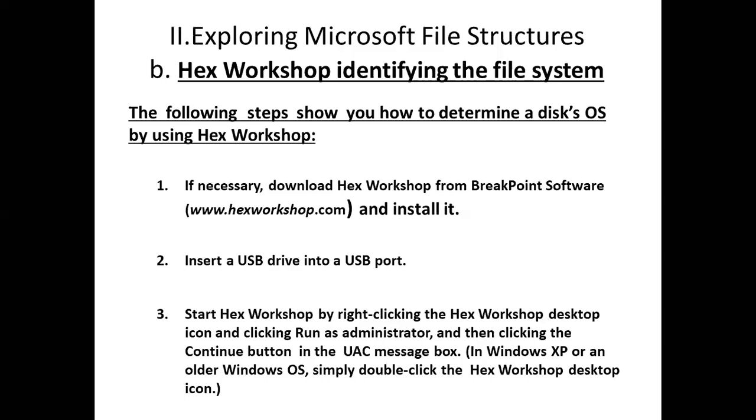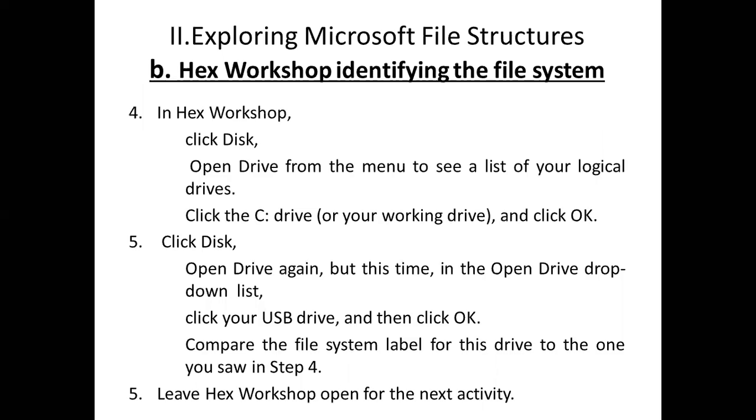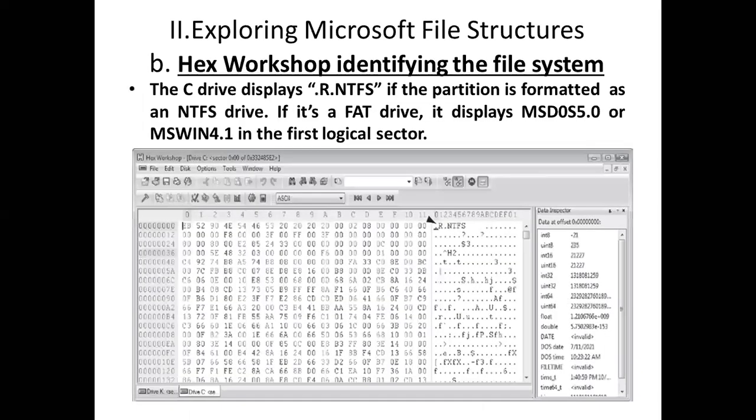You need a USB drive to connect your data to the Hex Workshop, so that whatever you download from the Hex Workshop, when you analyze your drives, you can save it all inside your USB or hard disk or whatever it is. So the process we saw, how you click onto it and how you go into the drive and how you link the drive with your USB hard drive. This is an example of how it symbolizes a Hex Workshop and a C drive is inbuilt.